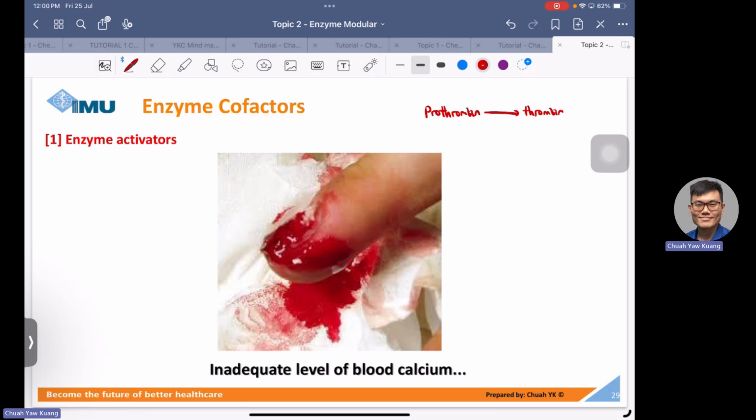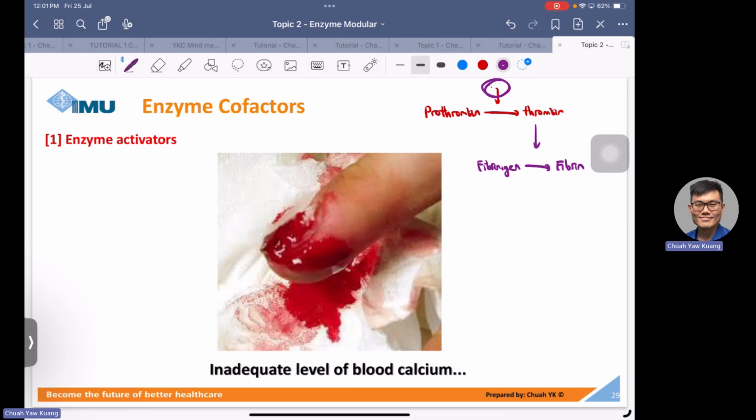This is where the thrombokinase acts. The thrombin later causes the fibrinogen, which is another protein inside your plasma and is soluble, to become fibrin. Fibrin is actually a long strand that's insoluble.